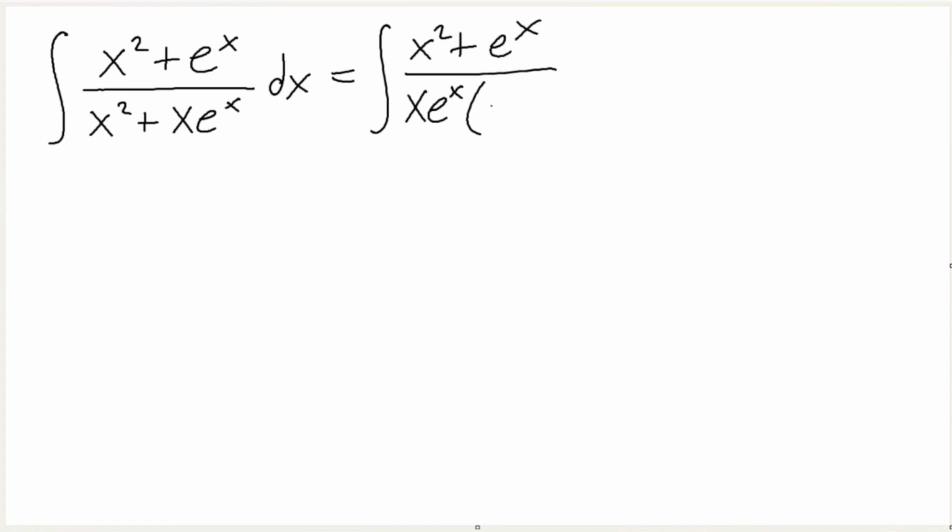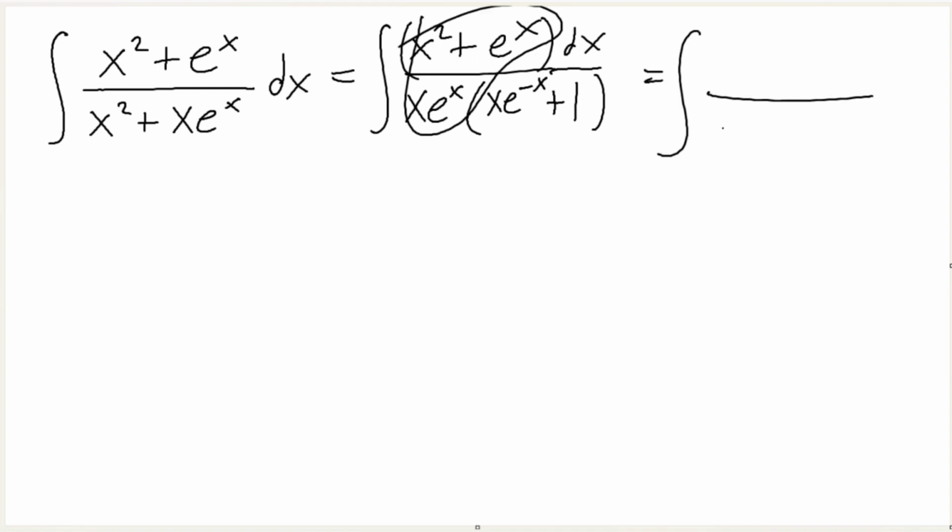Right. We have 1 plus 1. But what is this? x squared, and I'm dividing it by x e to the x. x e to the negative x. That's what that is. Okay. But let's handle this junk here. x e to the negative x plus 1.